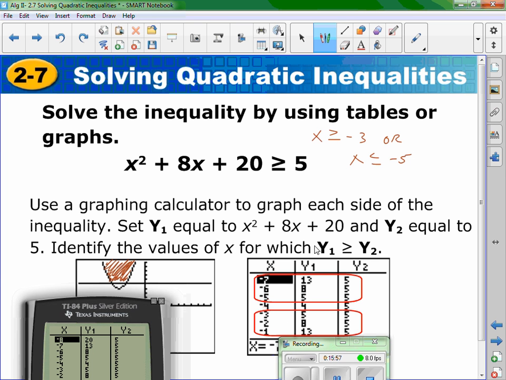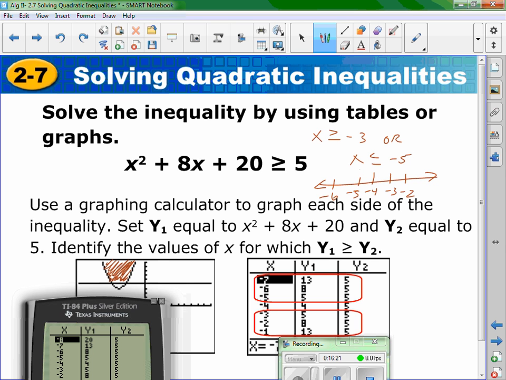It splits it in half. There's a table that is less than it, there's a table that's greater than it, and in the middle something doesn't work. If you think on a number line, here's negative 4, negative 5, negative 6, here's negative 3, negative 2. It doesn't work at negative 4.